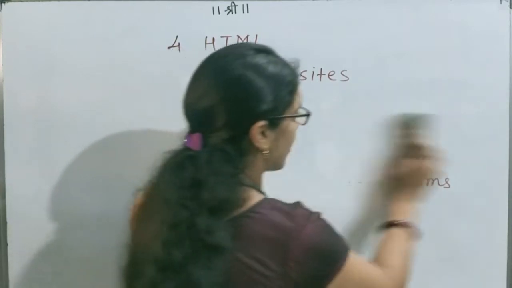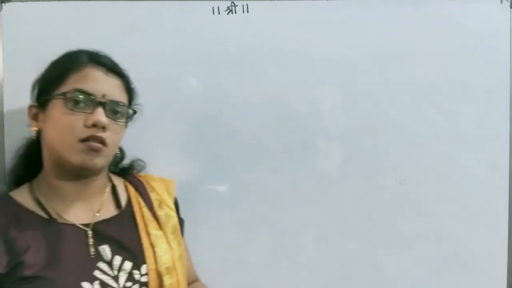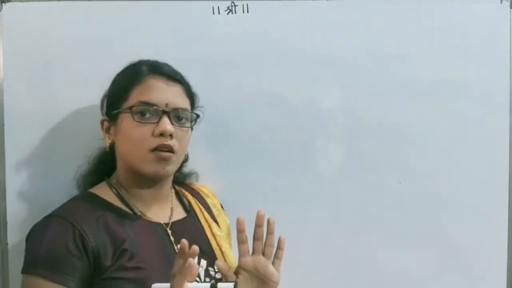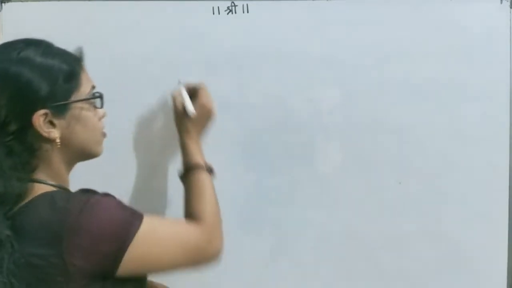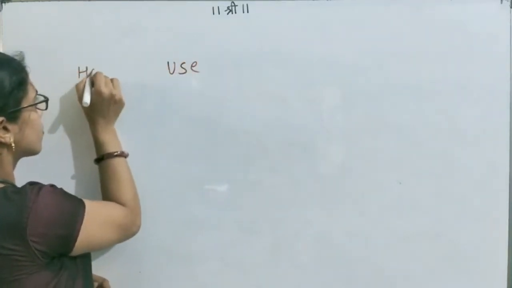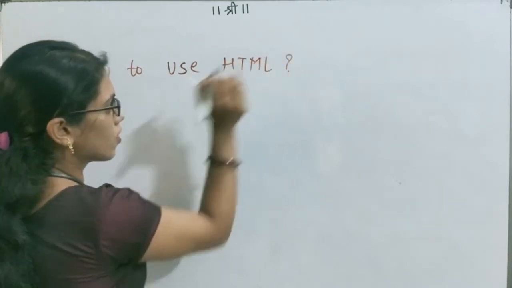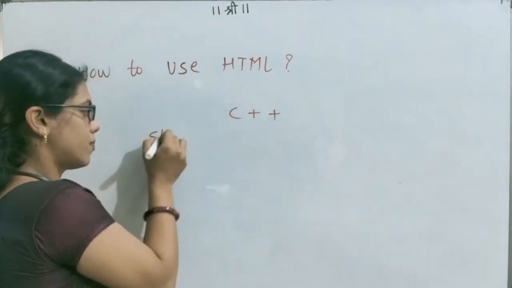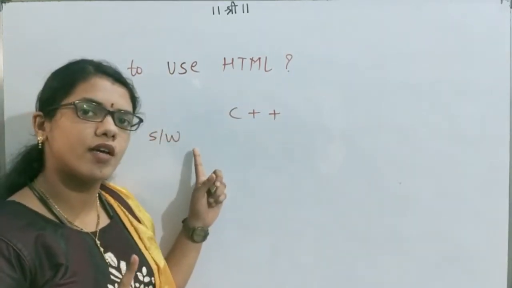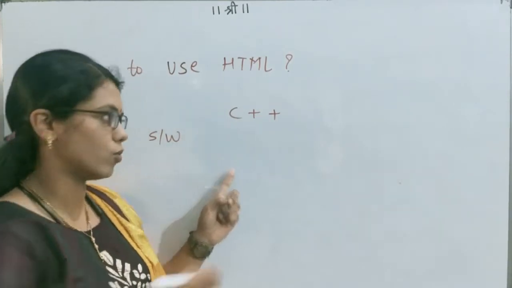So we directly start with the main concepts of the chapter. First, let us compare with C++ language. In the 11th standard, we studied C++ language. To use that C++ language, we are using special software, and the name of that software is Borland Turbo C++ 4.5.